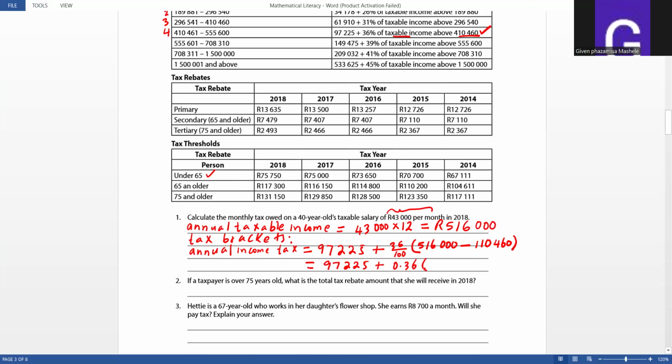What is the difference? 516,000 minus 410,460 gives us 105,540.